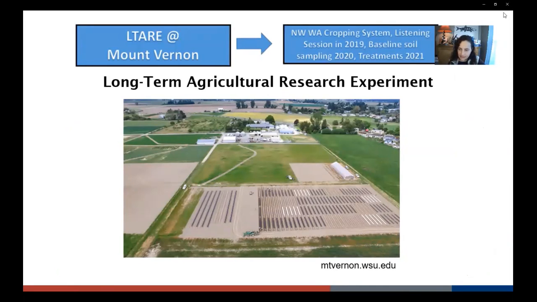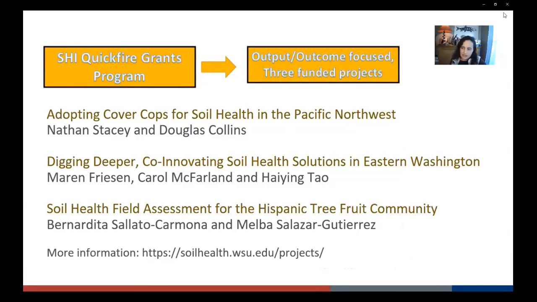Soil sampling is occurring to establish baseline information, which will help with blocking the experiment. And then next spring, the different treatments will be initiated. The size and the complexity of those treatments is going to be dependent on whether further funding is secured.